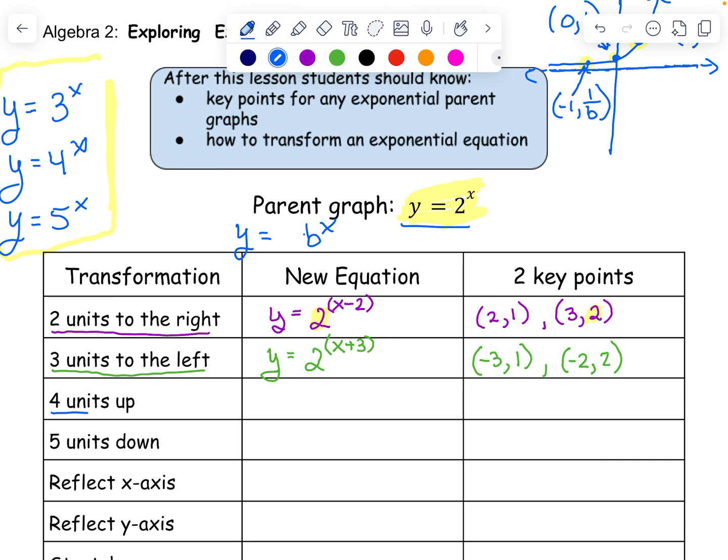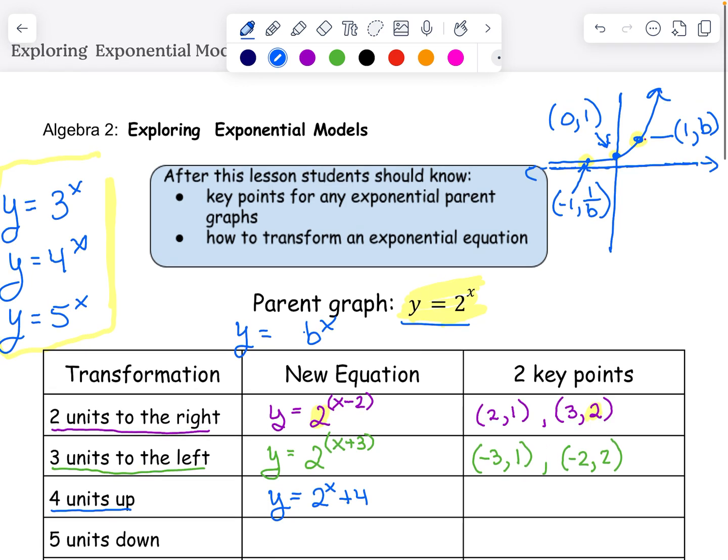Now we're going to take the whole thing and move it up 4 units. So we're going to take our outputs, and we're going to go up 4. So we're going to be adding 4, which means we're changing the y. So when we take this point and we go up 4, it's no longer at 1, it's going to be at 5. So (0, 1) up 4 means (0, 5). Okay?